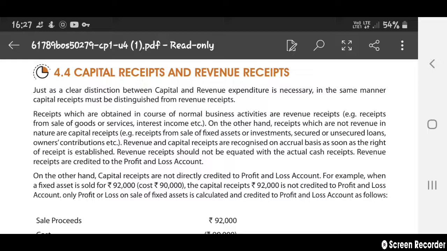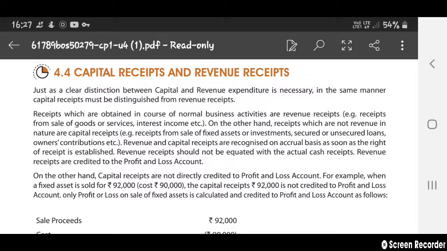Receipts obtained in the course of normal business activity are called revenue receipts. On the other hand, receipts which are not revenue in nature are capital receipts, meaning they are not obtained due to the normal business. They are obtained from any other investment or source.